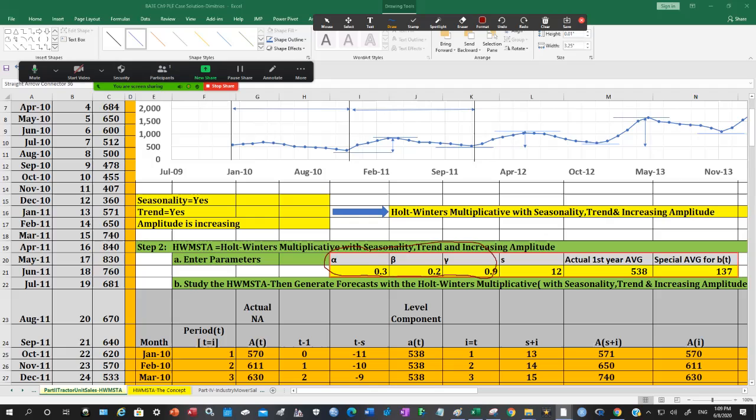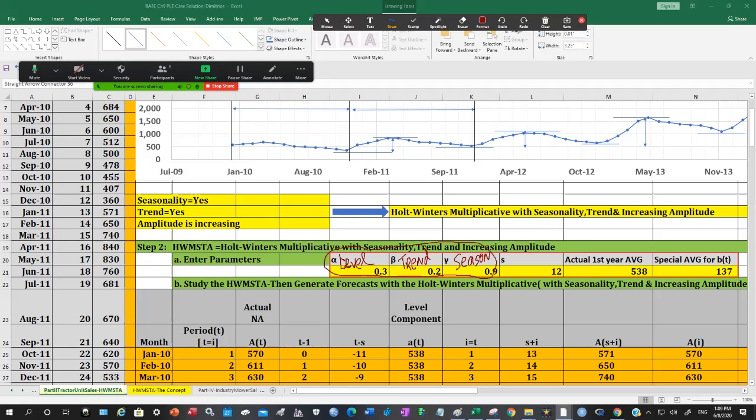Alpha is called the level component. Beta is called the trend. Gamma is called the seasonal.